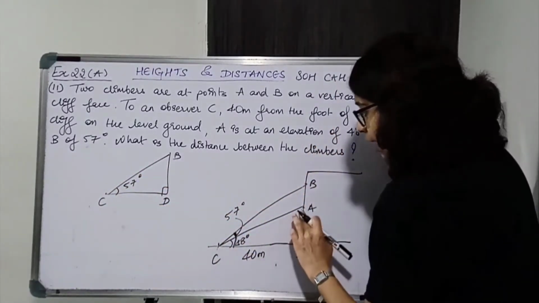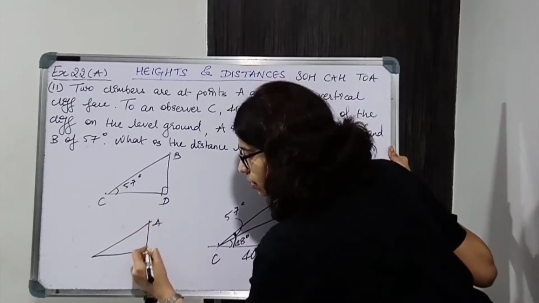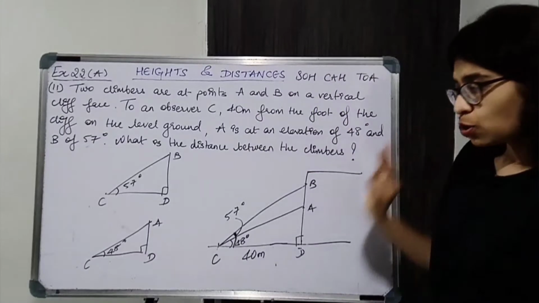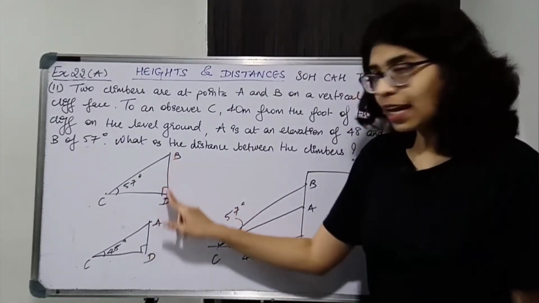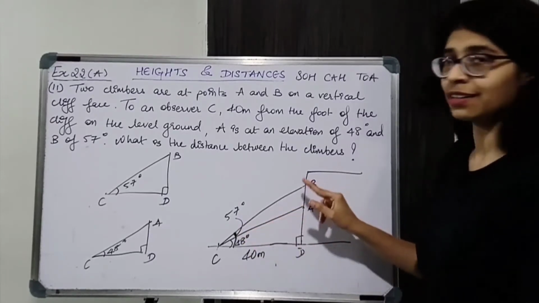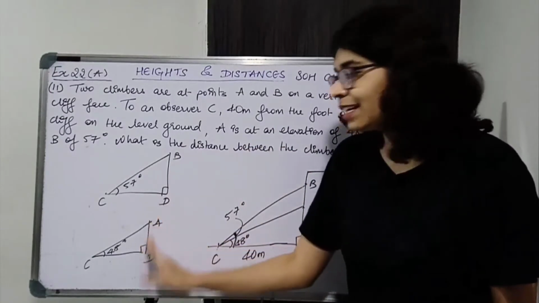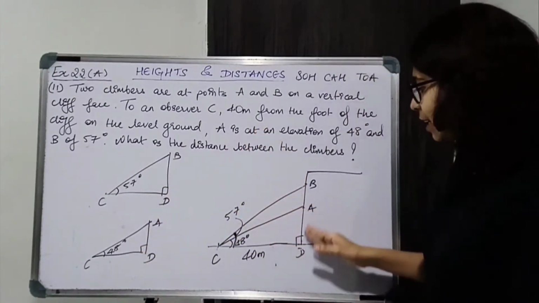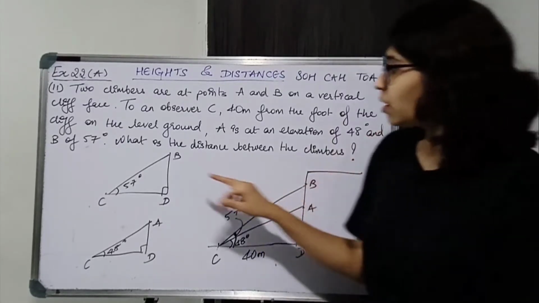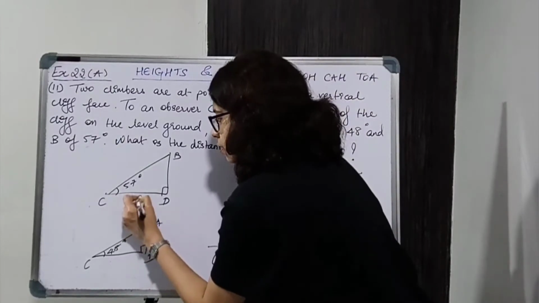And when he looks at A, it is 48 degrees. So AD is a part of one right angle triangle and BD is a part of the other. Using trigonometric ratios, we can find BD and AD. You just need to subtract AD from BD and you will get AB. Now we have to find BD. We know CD is 40.